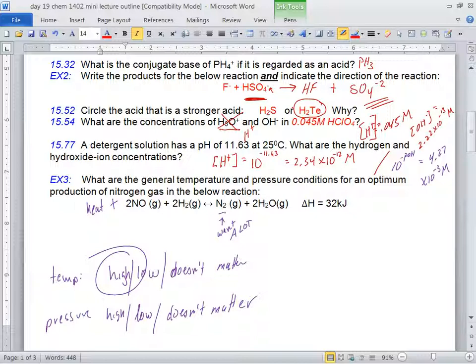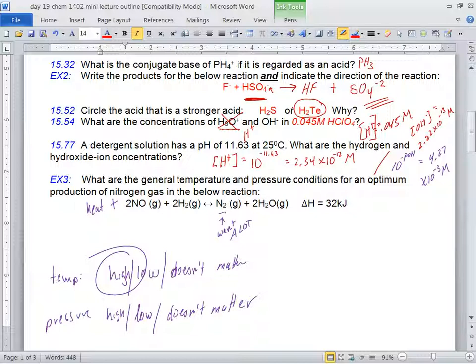And if you have more gas on one side, you can kind of think of that as the high pressure side. Where if you have more gas on that side, that's the side that wants a lot of pressure. So maybe it's easier just to do the logic and start it.